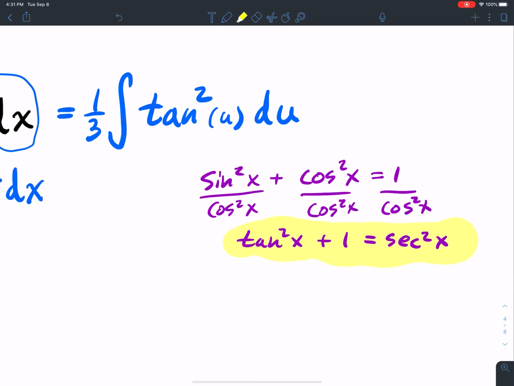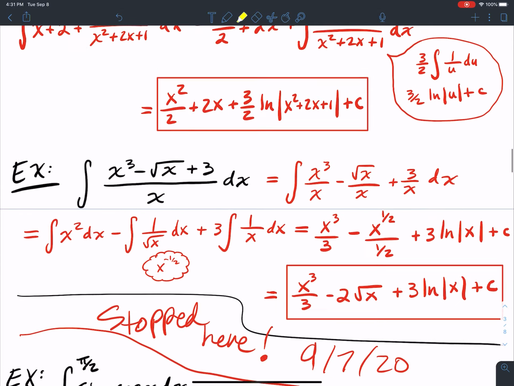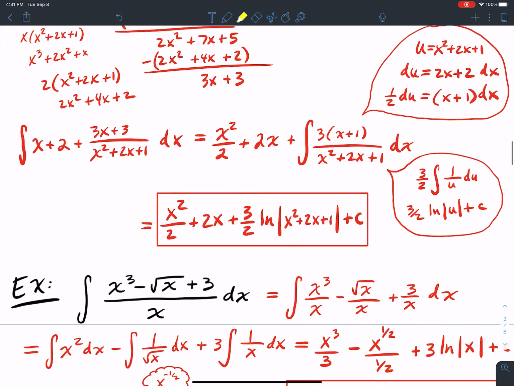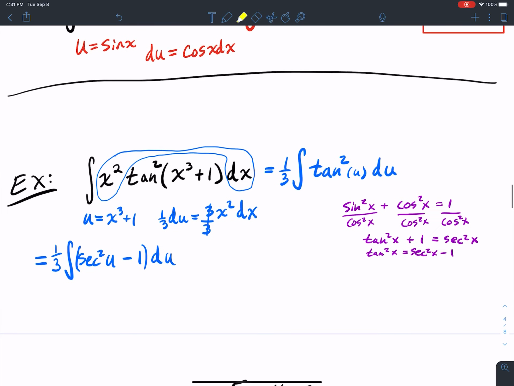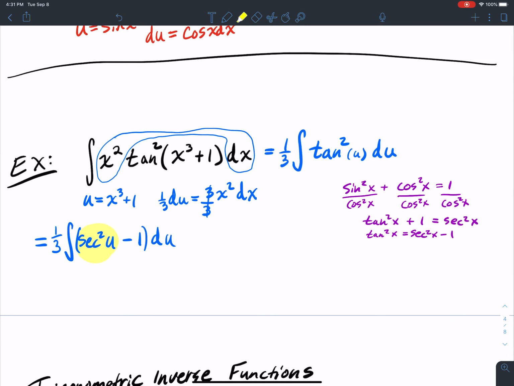So I have this identity here. I've got tangent squared here. So to solve for tangent squared, I'm going to subtract 1 from both sides. And so I can replace tangent squared with secant squared minus 1, which is useful to us because if you look at your integral rules, well, sure enough, I don't have it on mine, but the integral of secant squared is tangent.